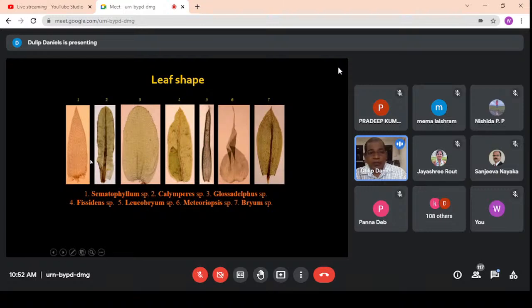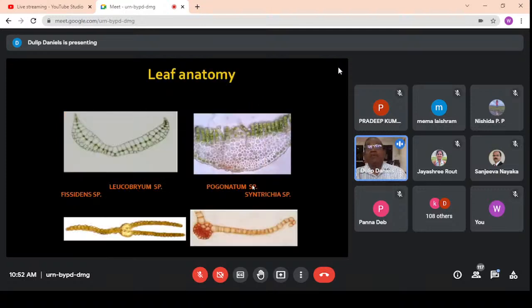First one is Somatophyllum, next is Calymperes, then you have Glossadelphus, Dissidens, Leucobryum, Meteoriopsis, and Bryum species again. Leaf anatomy. This is Leucobryum, Pogonatum, then Dissidens, and Syntrichia species.